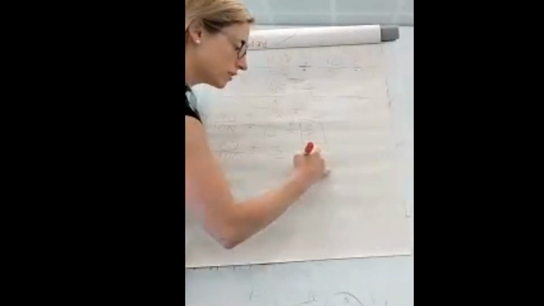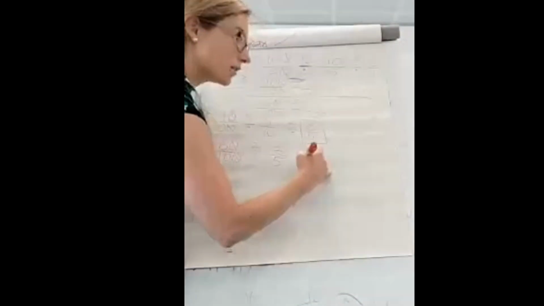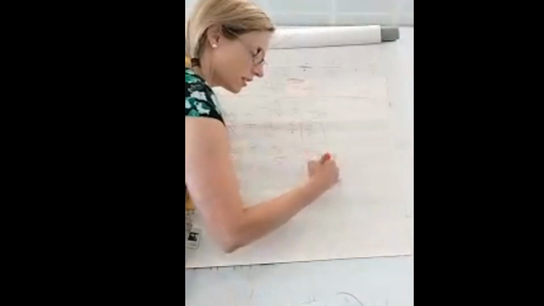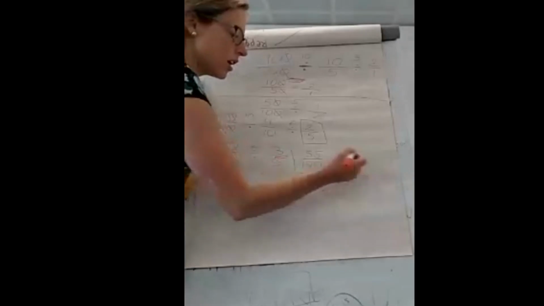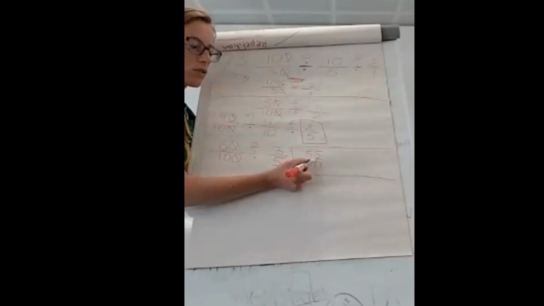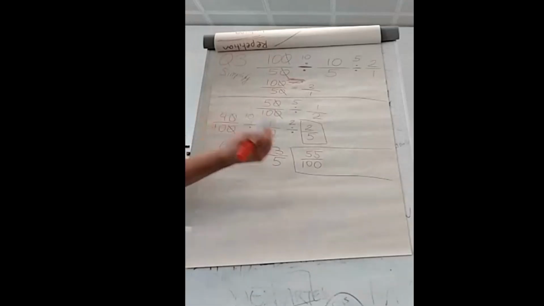What about 55 over 100? Can we cross out the zeros here? I want to cross it out because you said crossing out is a good thing. Babu, why can I not cross out the 0 here? Yeah, there's a 5 up here, so there is no 0.